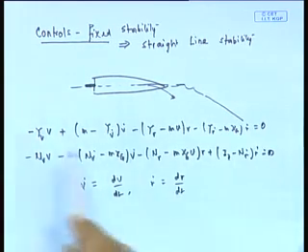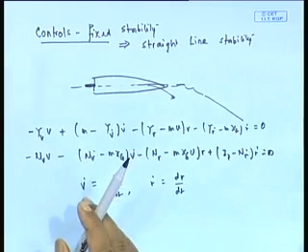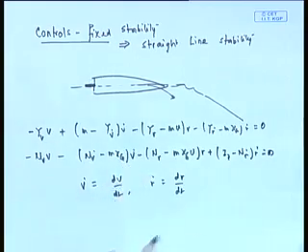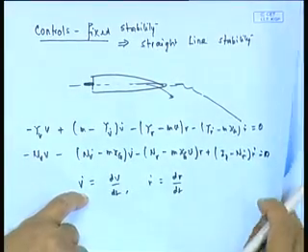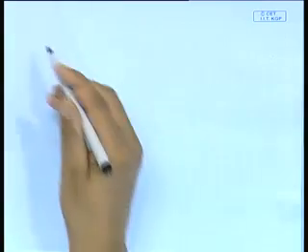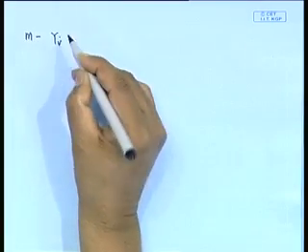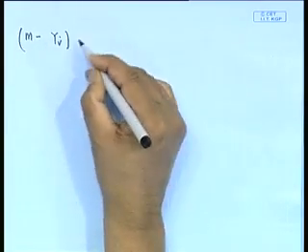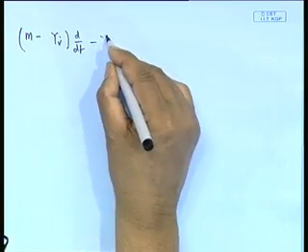So this equation is essentially a set of linear differential equations, but with two unknowns. In other words, I am going to rewrite it, and the equation will look like this: m minus Y_v dot, d by dt, minus Y_v, v.